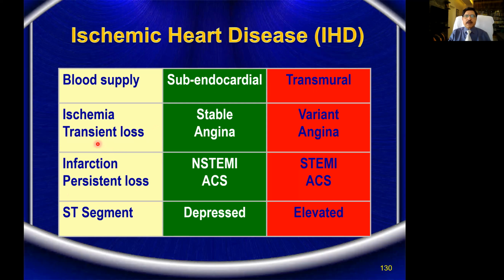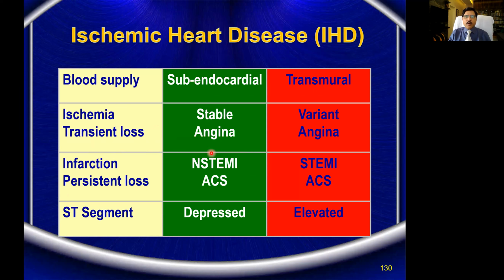Subendocardial transient loss is called stable angina. The supply is reduced transiently, and once he takes rest, he is relieved of the pain and the demand is reduced, and then the stable angina. He gets angina only on exertion. Subendocardial infarction, if persistent loss is there, then it will be NSTEMI.